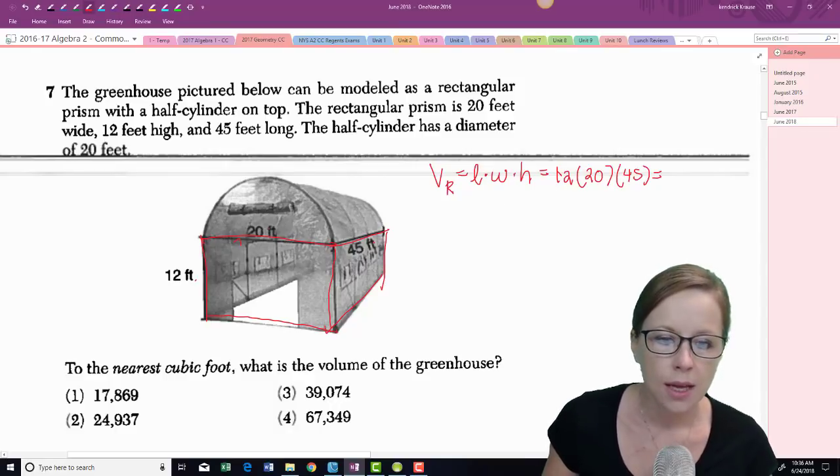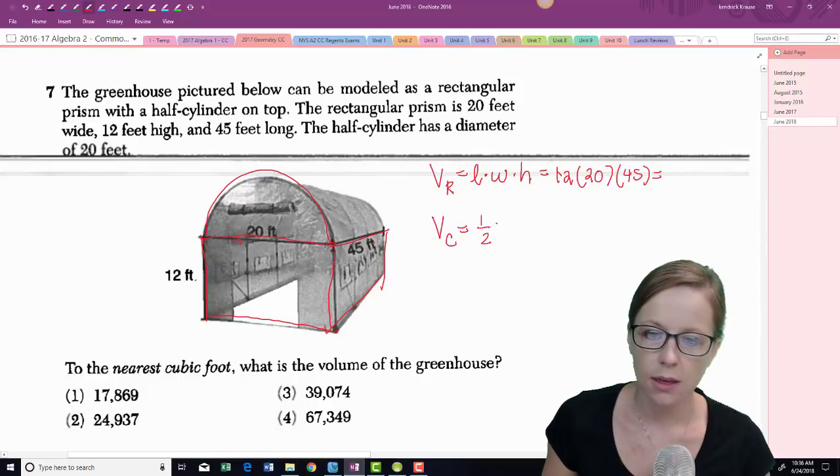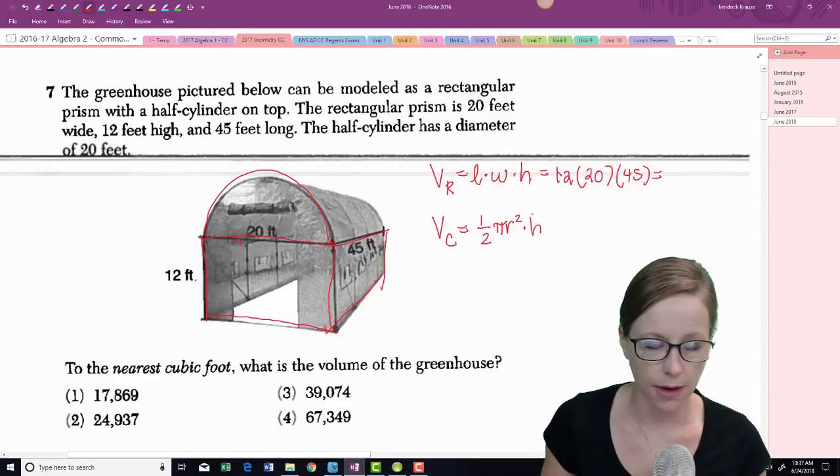Then this part here, and I thought this was a little bit mean, so that is part of a cylinder, but it's half of a cylinder. So the volume of the half of a cylinder is 1/2 pi r squared times the height, right?